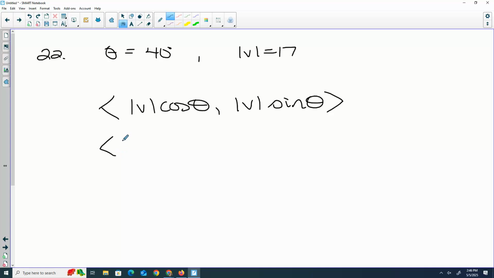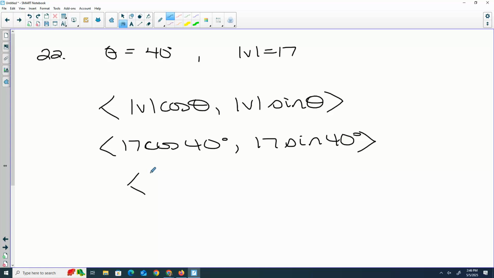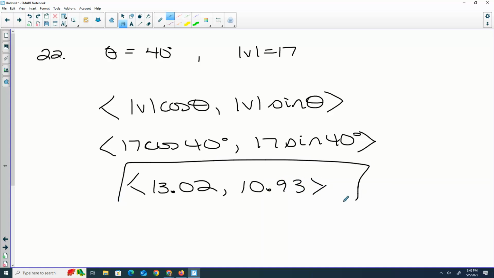So our magnitude is 17, so 17 cosine of 40 degrees and 17 sine of 40 degrees. If I plug those in, that gives me 13.02 and 10.93. So I just wanted the vector itself.